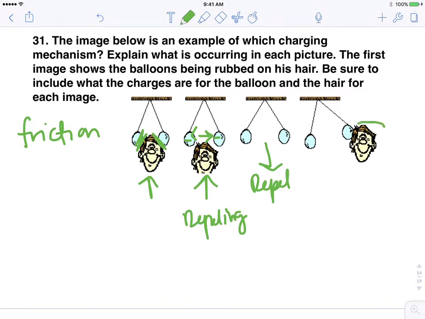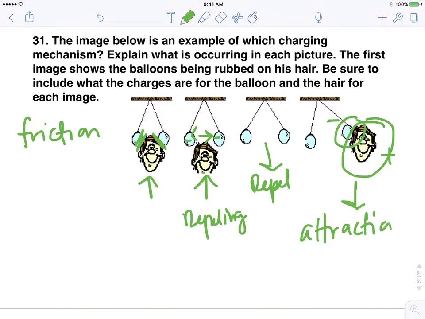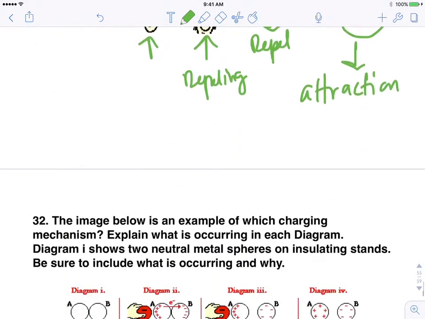But since we have a positively charged head and a negatively charged balloon, this balloon now is attracted to that head. So you have attraction. Be sure to include what the charges are for the balloon and the hair. So your hair at this point is positive, and the balloons are always negative. That's why they're repelling in all these situations until we come here.